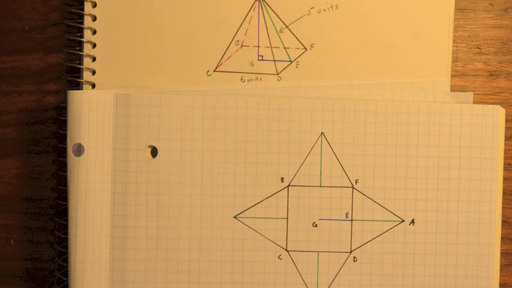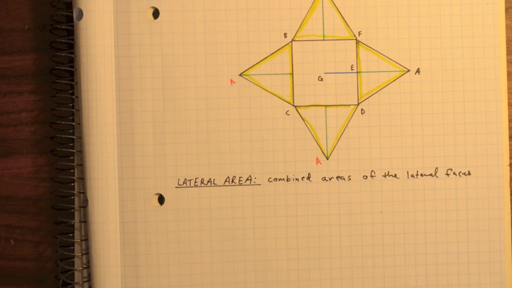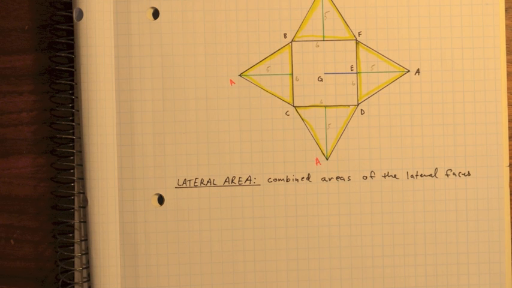And so to build the area formula for lateral area, note that we'll want the combined area of each of these lateral faces. So we have 4 triangles where the base is 6 units. So for example, CD is 6 units.